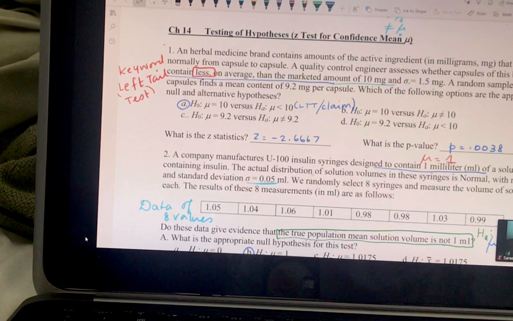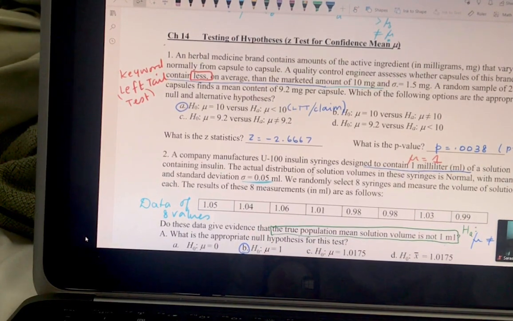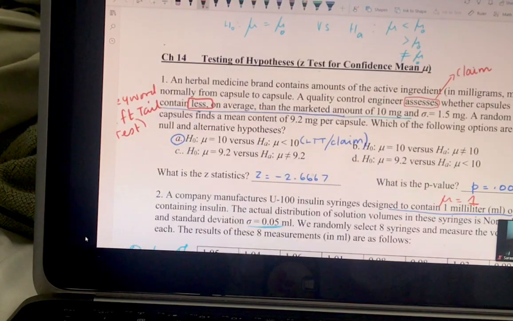And this is what is going to be tested. So this is my claim. What is the claim? The claim is going to be the alternative hypothesis. Okay?